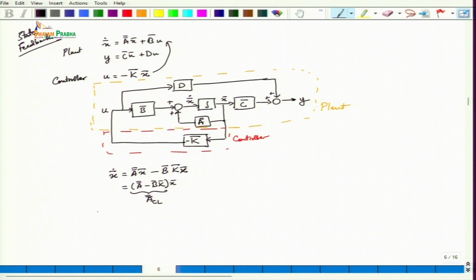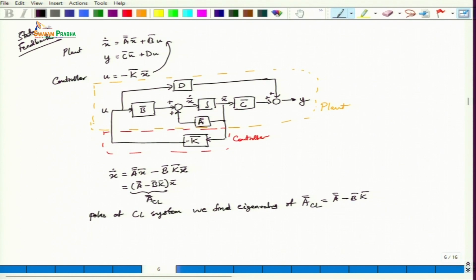And to find the poles of this closed loop system, we find the eigenvalues of this matrix A_CL, which is equal to A minus BK.